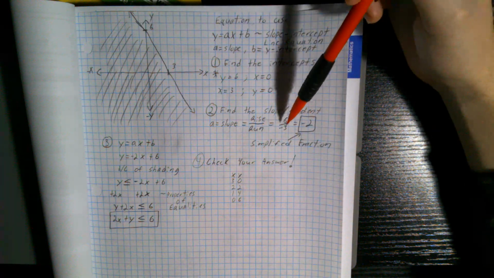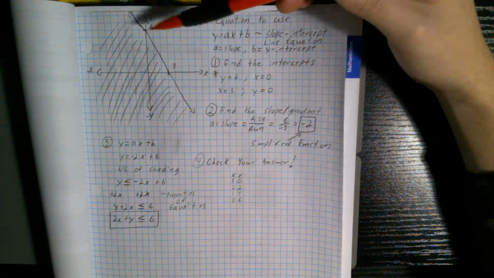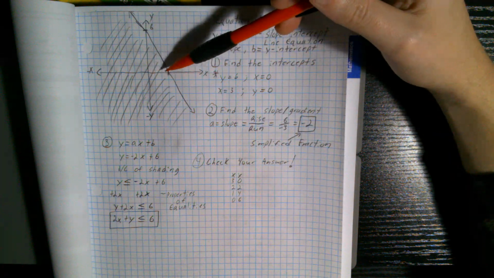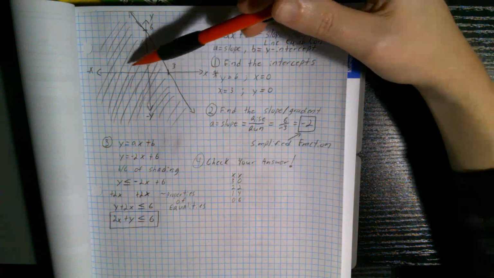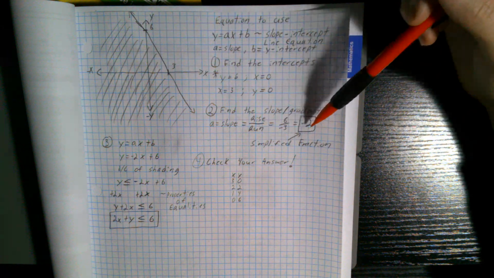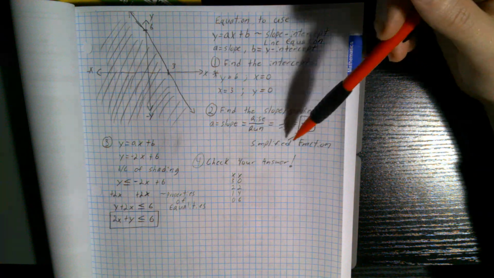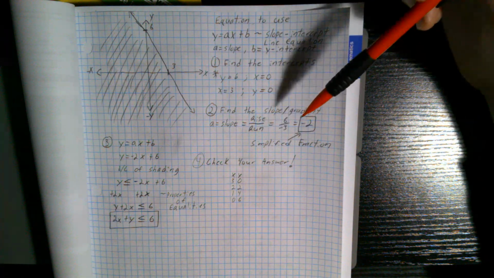So 6 over negative 3, it's negative because you run backwards on the x-axis towards the negative direction. That gives you a slope of negative 2 after you simplify your fraction.